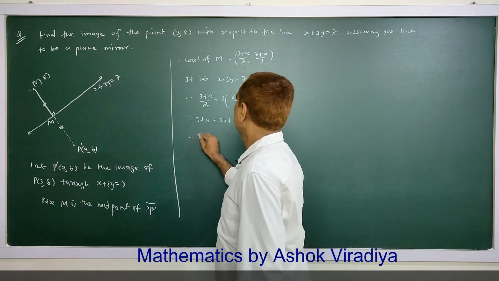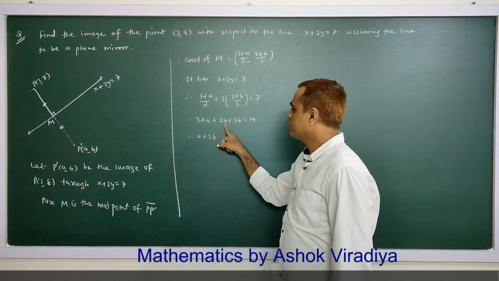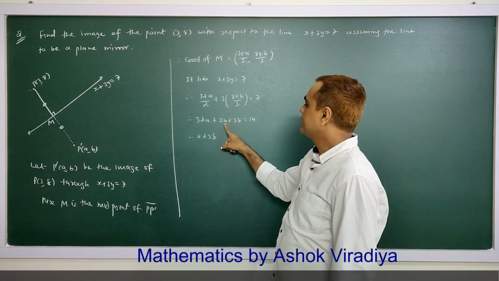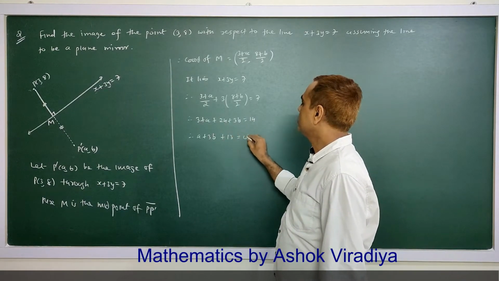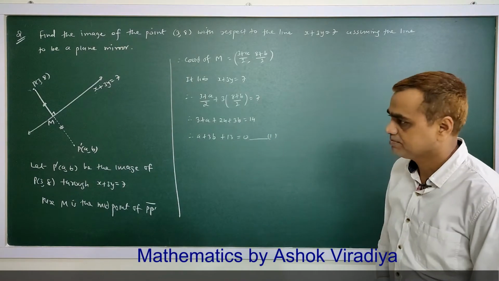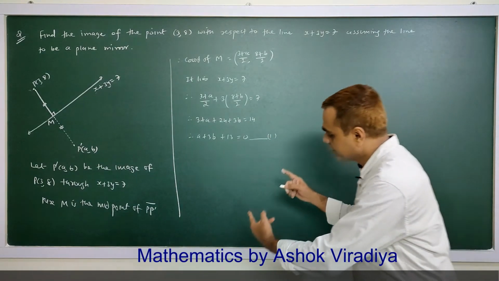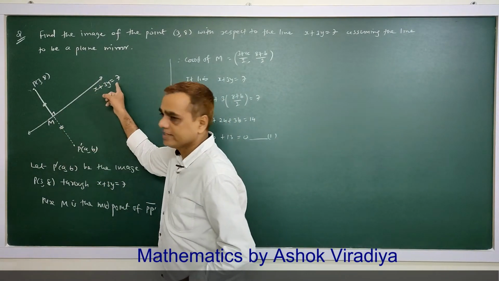Therefore a + 3b + 13 = 0, since 27 minus 14 is 13. This is a relation between a and b, the first relation we obtained from the midpoint lying on the line.